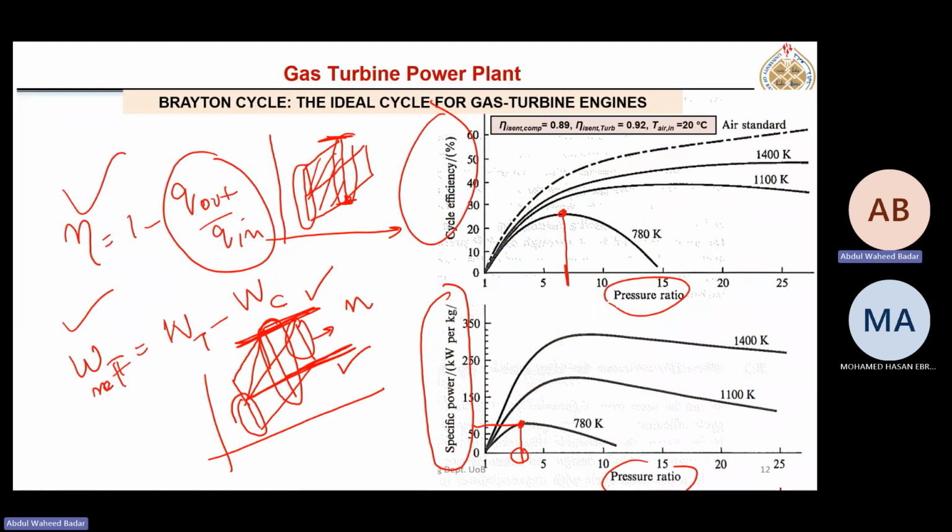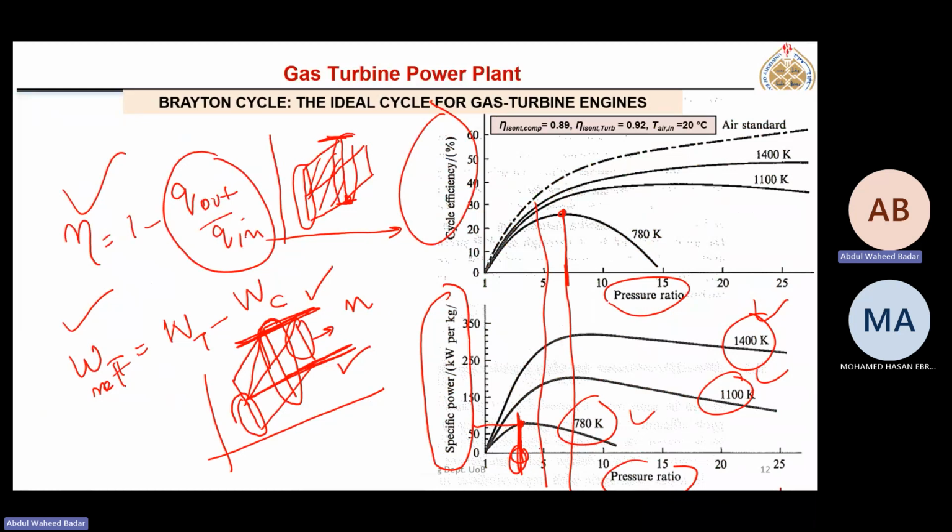And here you see the curves which they have drawn by performing calculations for these three different temperatures. So what should we select? Now there is a compromise. Either we should choose our power plant based on maximum net work output or maximum efficiency. What pressure ratio should I choose? This one or this one?